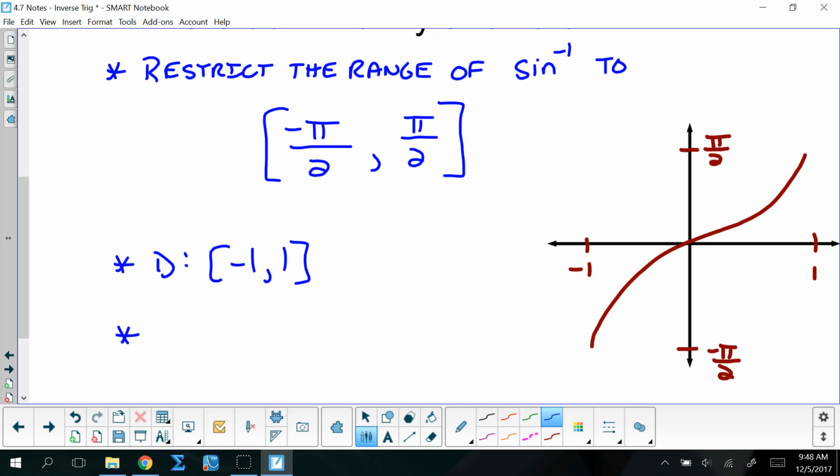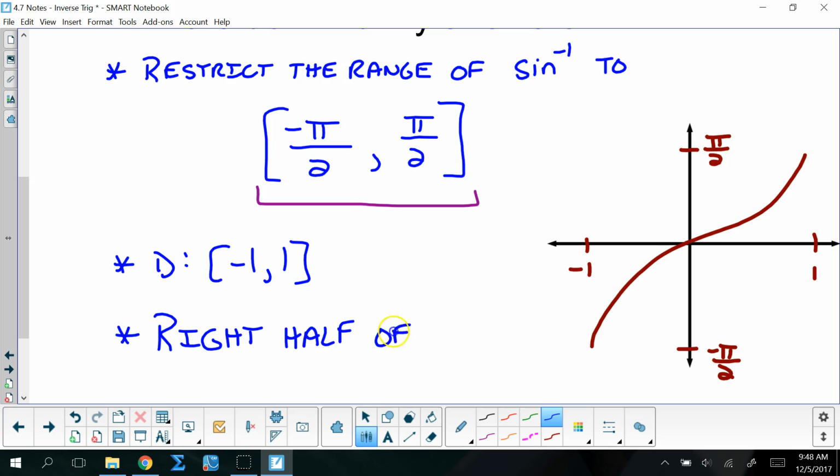Where is this range of values on the unit circle? The right half of the unit circle. So inverse sine is found on the right half of the unit circle.